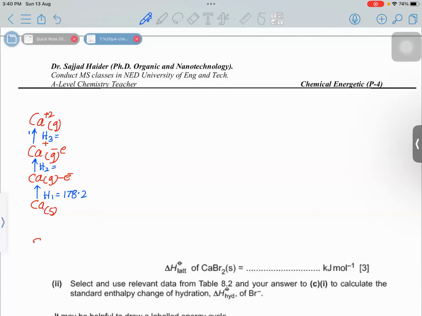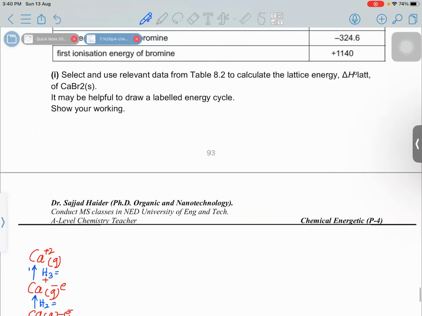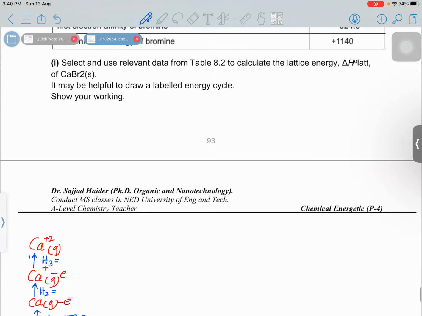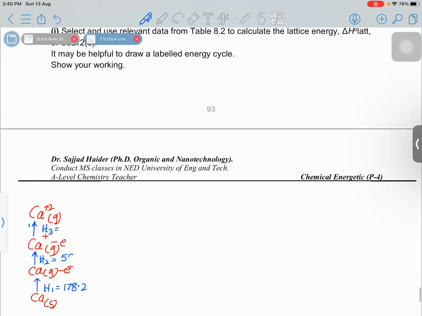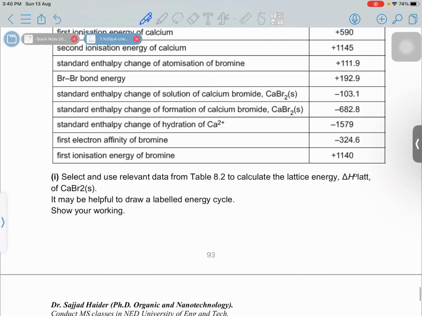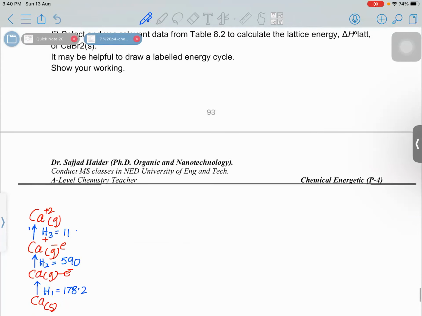Now what is H2 and H3? First ionization energy of calcium and second ionization energy of calcium. What are the values? 590 and 1145. Okay, 1145.